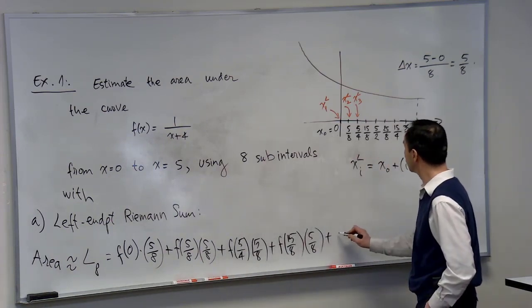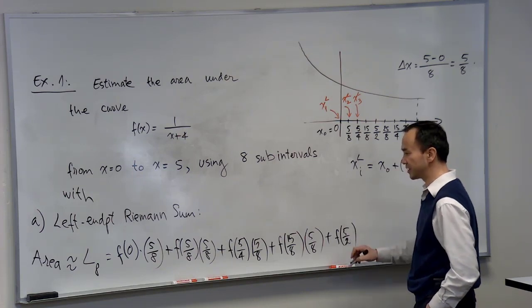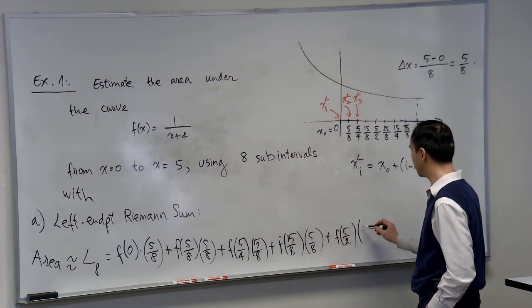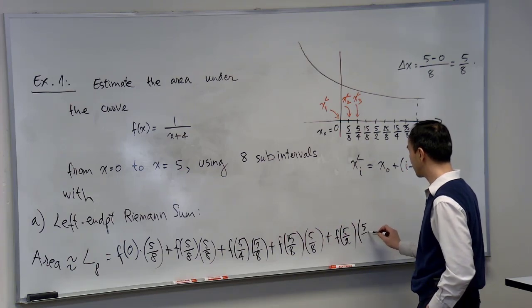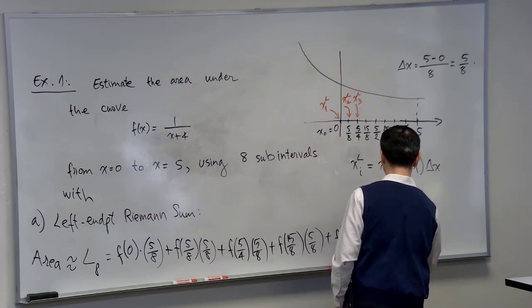And then plus the function value at 5/2. How many terms have I had so far? 1, 2, 3, 4. This is only the 5th one so far, times 5/8. I'm almost running out of space right here.